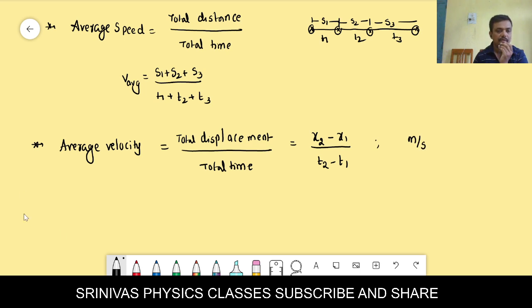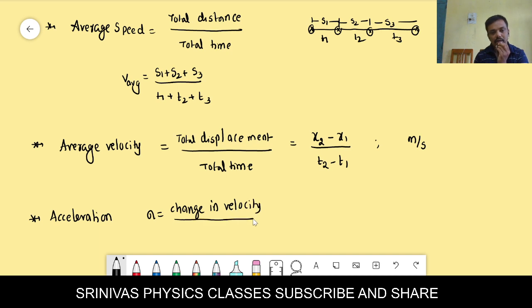Remember it. Okay. Next one is acceleration. What is acceleration? Acceleration is the rate of change of velocity. That is the change in velocity by time. This is the formula. What is change in velocity? v minus u by time t.